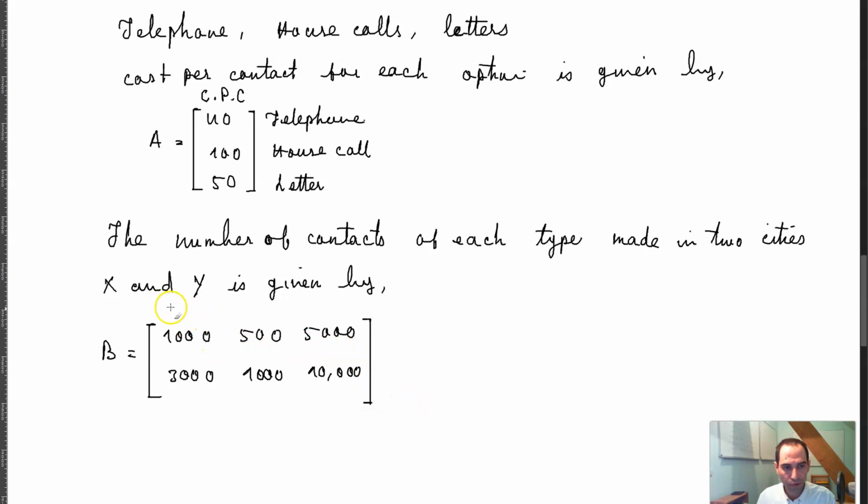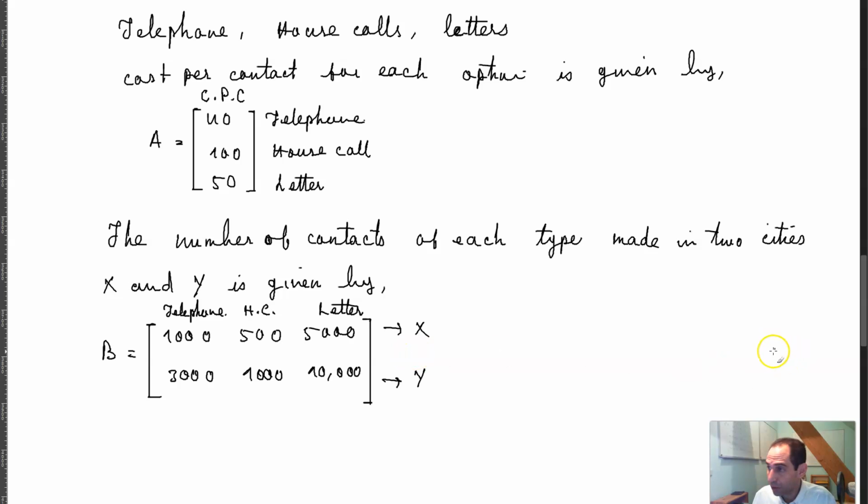That is for telephone, that is for house call, and that is for letter. This is for city X, and this is for city Y.